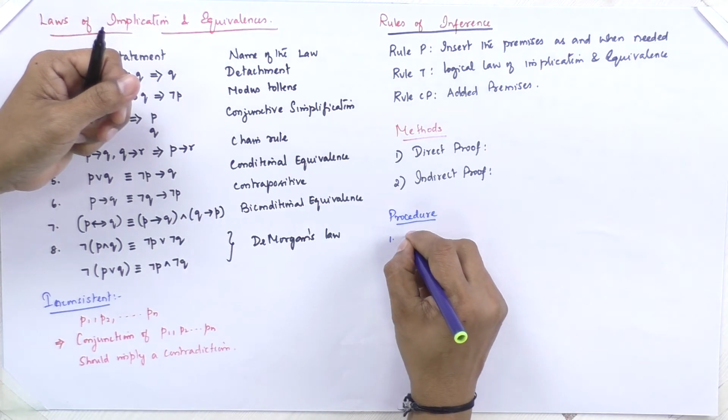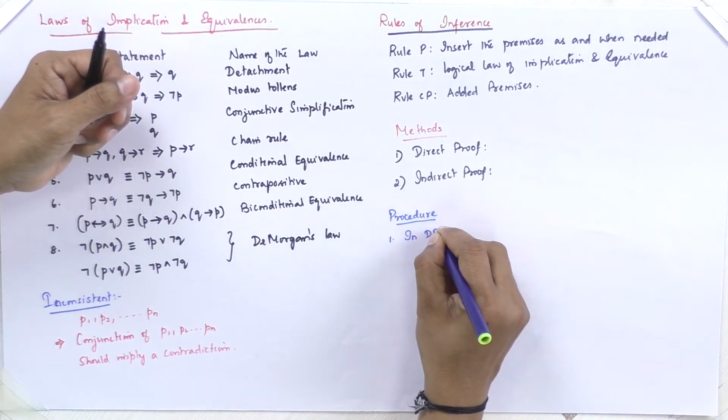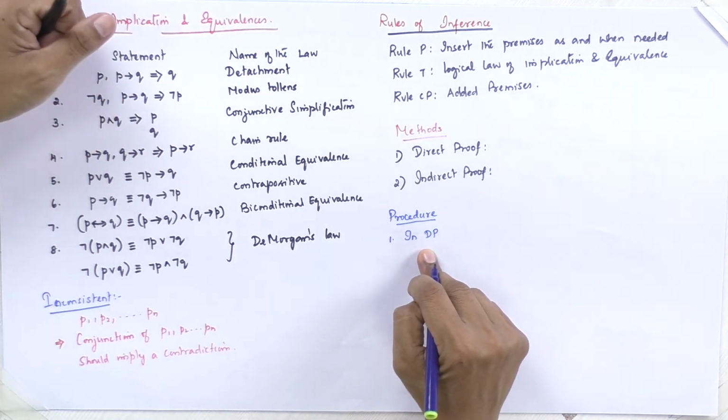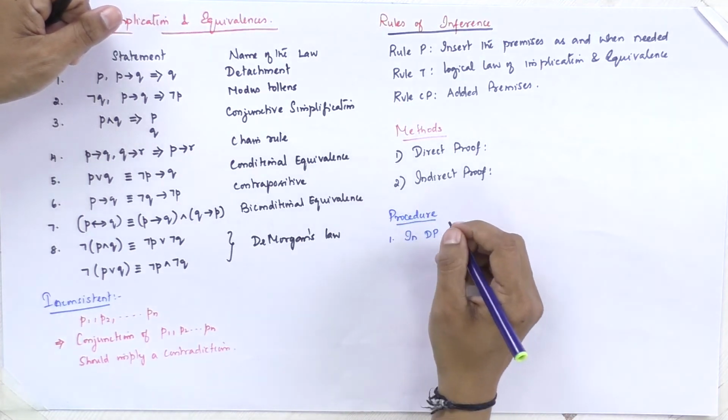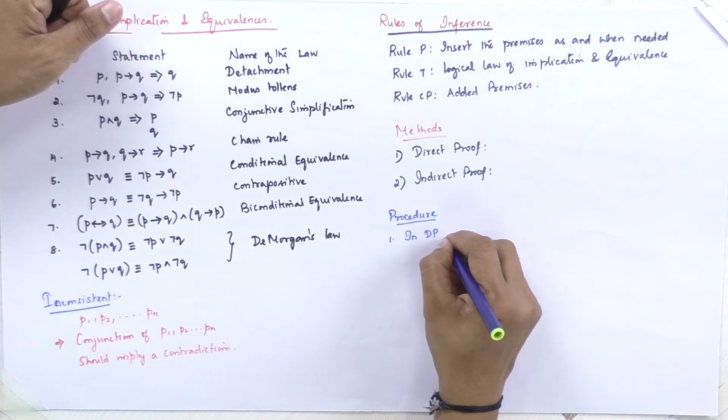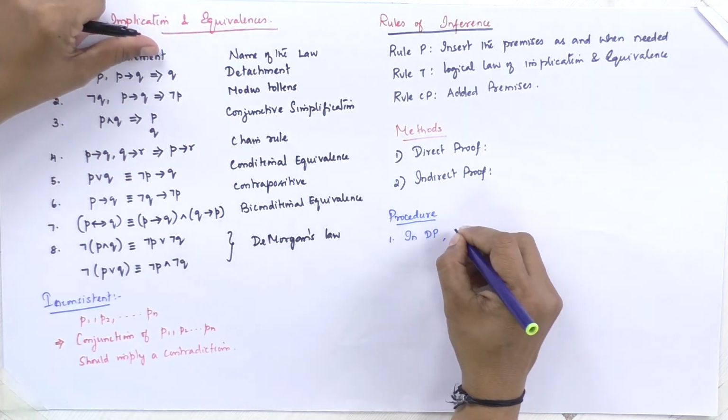in the direct proof, hereafter I will write direct proof as dp and indirect proof as idp. In direct proof, it should end with a finite number of steps.